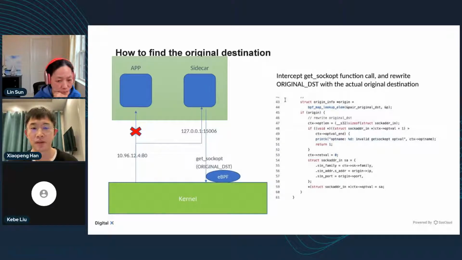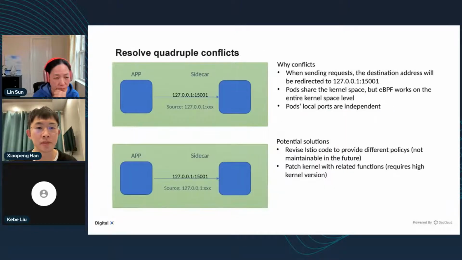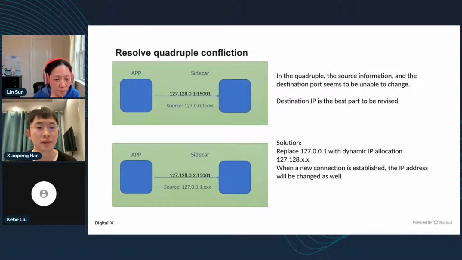Here is also the code: if we have the origin information, then we send it to the socket. Yep, that's one of the challenges, and I'm going to talk about one more. This is the quadruple conflicts, and we solve it by using dynamic IP allocation.